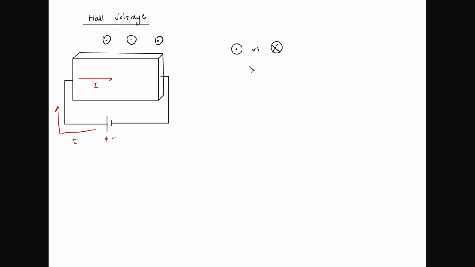Imagine my drawing is not very good, but an arrow has a pointy side and it has the feathers. As the arrow is coming towards your eyes, you see a little dot like that coming towards you. So you should be able to very easily recognize which of these is which.